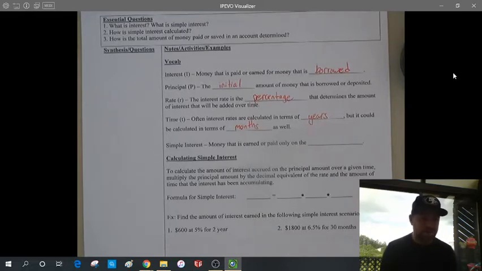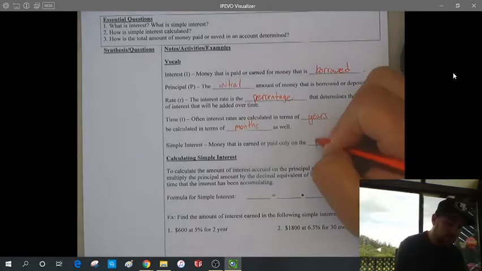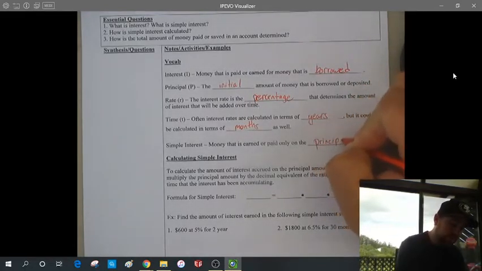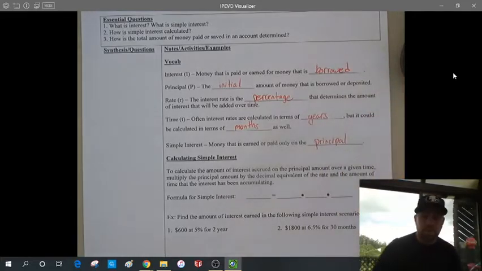Okay, and then this set of notes is focusing on what's called simple interest. Simple interest is money that is earned or paid on only the principal amount. So the amount of money that you initially deposit, the amount of interest that you're getting is only being determined off of the principal.